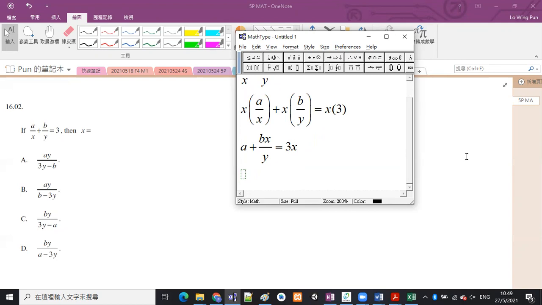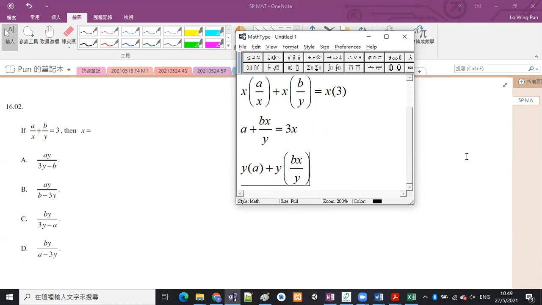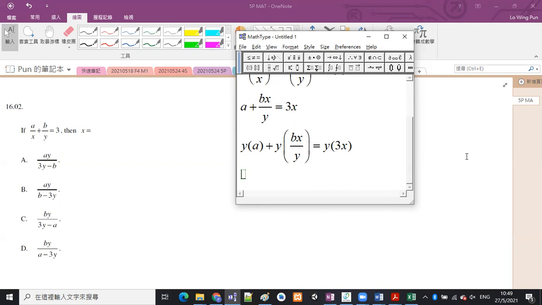So we do the same thing for the second round. This time, I'm going to multiply the y to every term in the equation. So y times a plus y times bx over y is equal to y times 3x. And again, if there is no fraction, you just multiply the terms together.